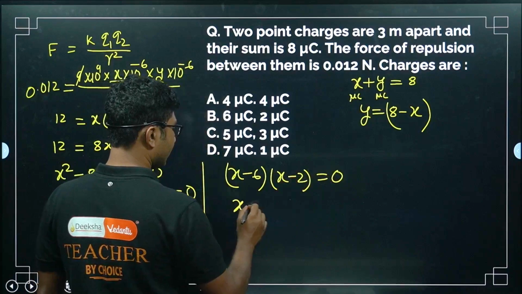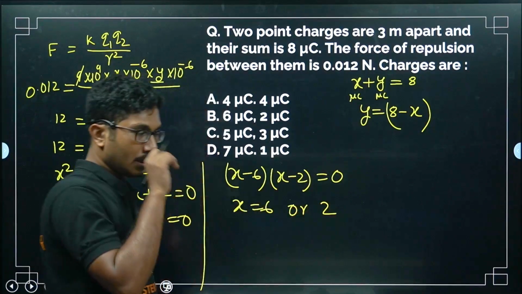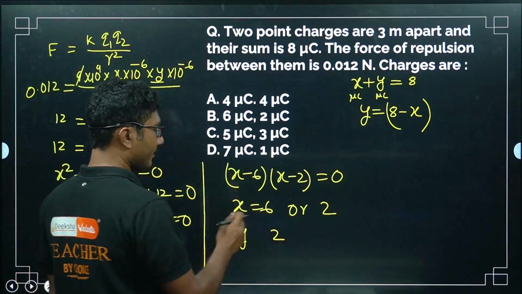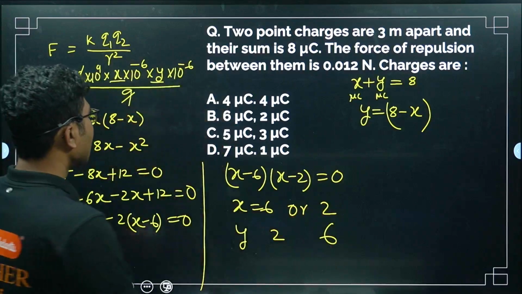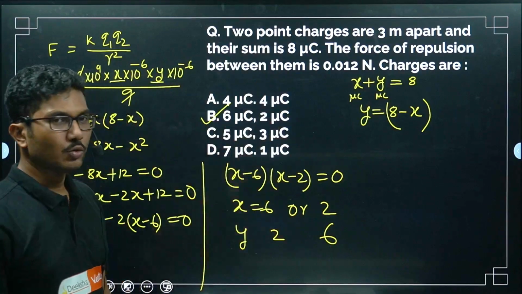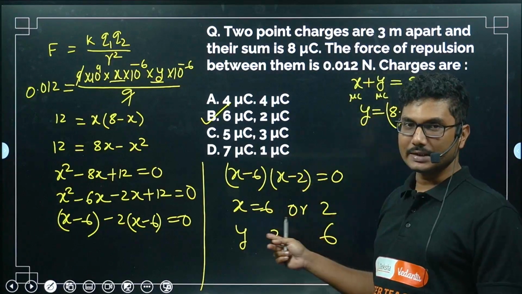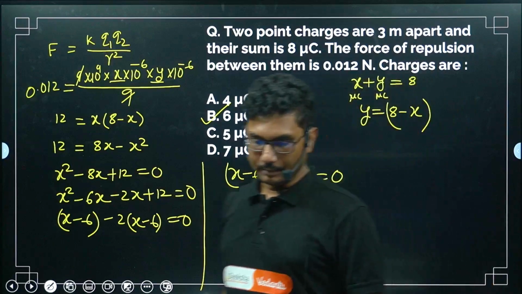So either x equals 6 or x equals 2. Now if x equals 6, then y equals 2, and if x equals 2, then y equals 6. So the correct answer is 6 microcoulomb and 2 microcoulomb, any of the pair. If one charge is 6, the other will be 2. If one is 2, then the other will be 6. Right? Simple.